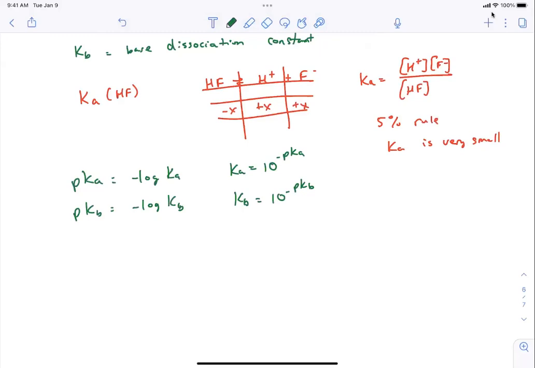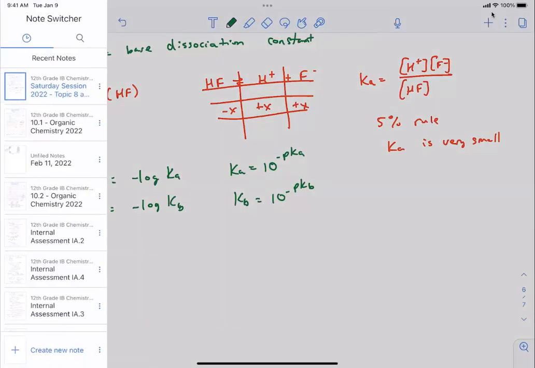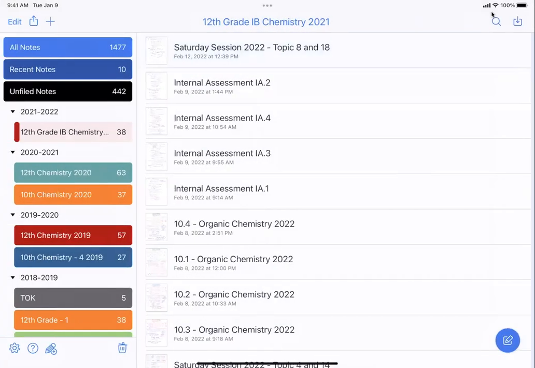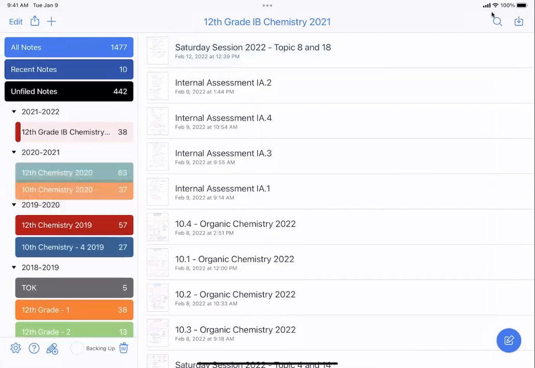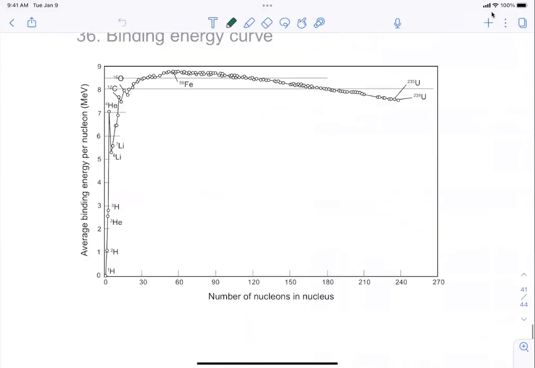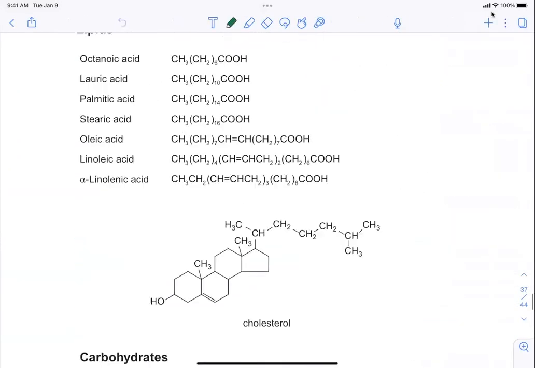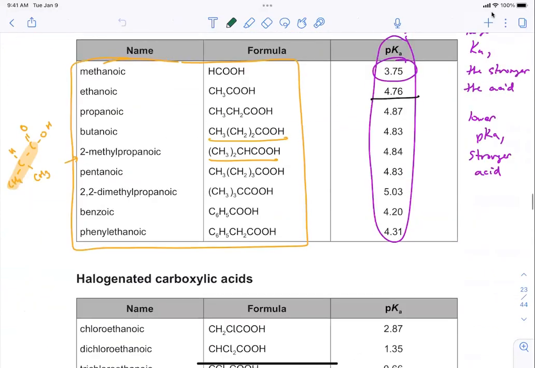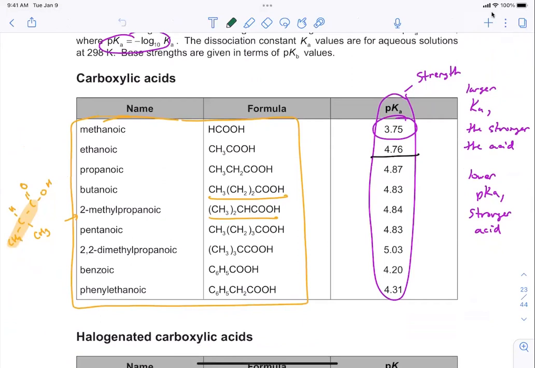Because in the IB data booklet, everything's given as pKa and pKb. Let me show you that here. If you look at the data booklet and you look at the acids and bases, you'll see that they give you it all in pKa. So you'll need to convert.